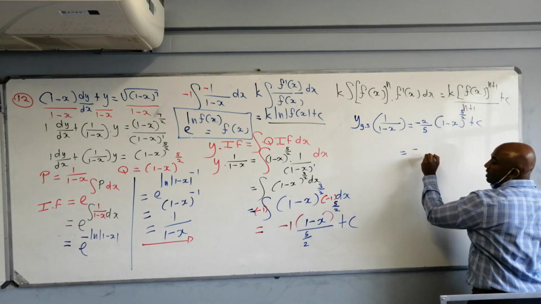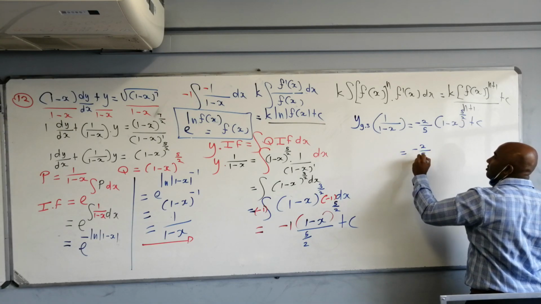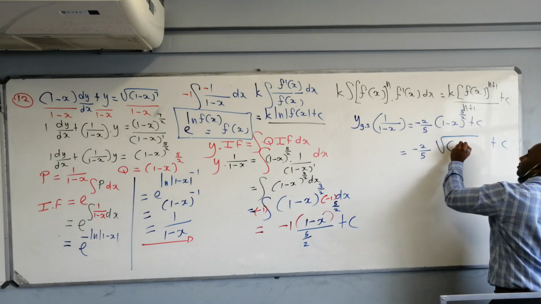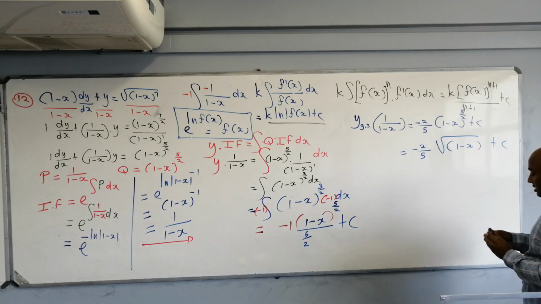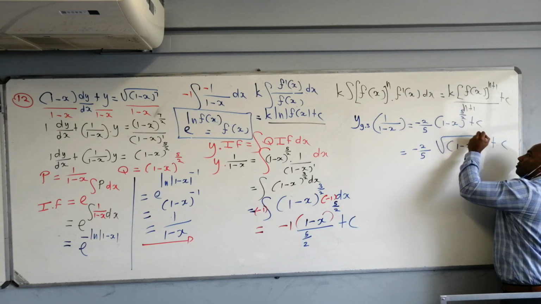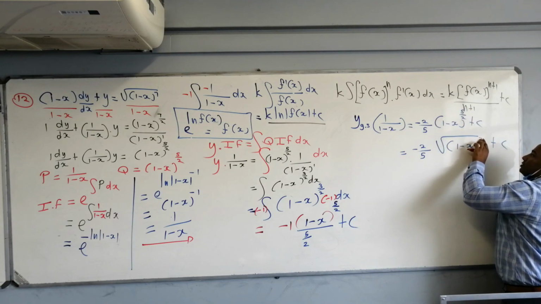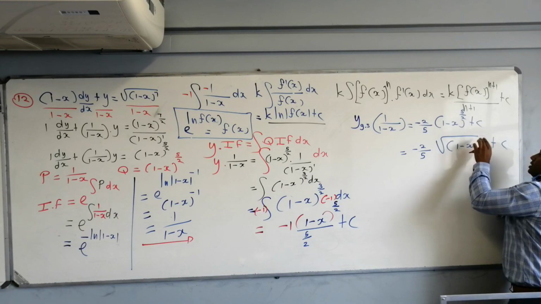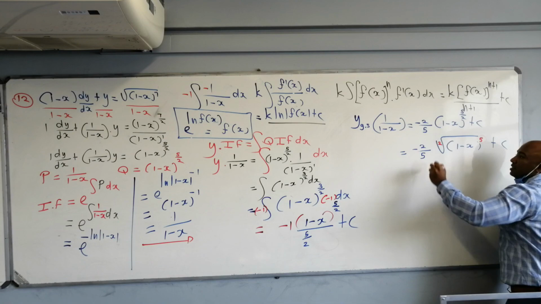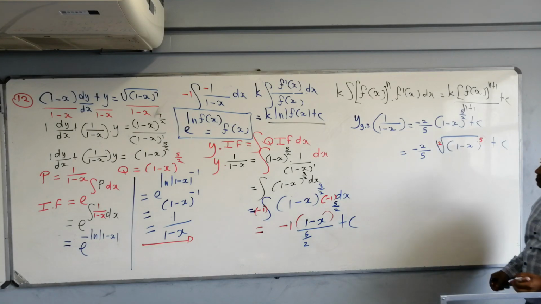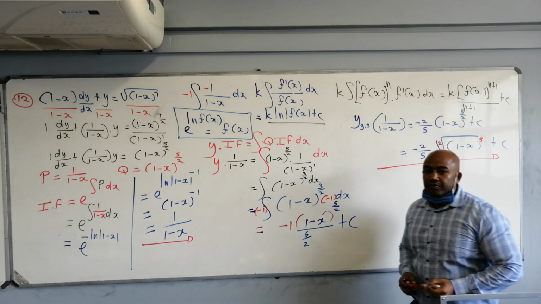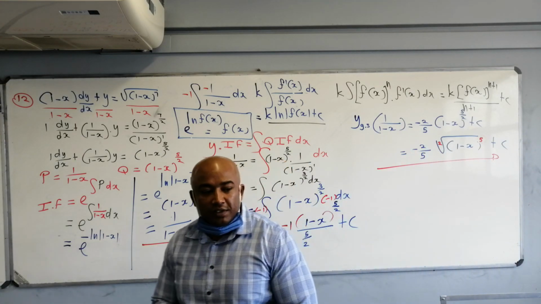I can rewrite it back in the form it was given to us. So the 5 is here, and the 2 is there. You can see that? So check properly.